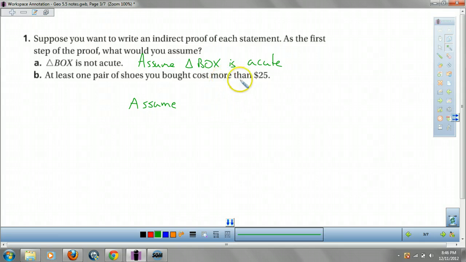What's the opposite of saying at least one pair of shoes costs more than $25? So we're going to assume all shoes cost less than $25.